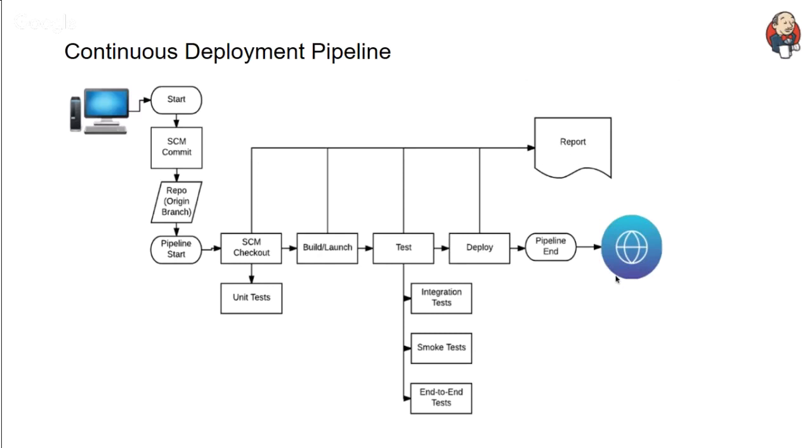In continuous deployment, your code is always ready for production, and once your pipeline starts, it goes into production. Whereas in continuous delivery, before production there should be some manual step where I need to check everything again. That's the basic difference.